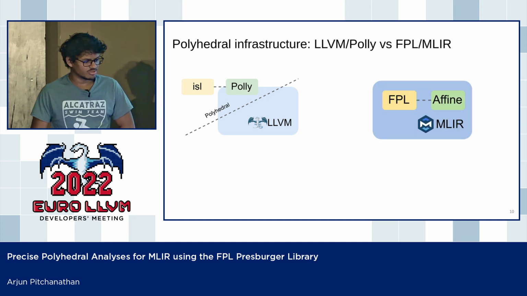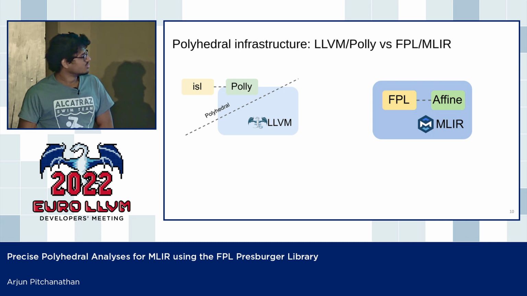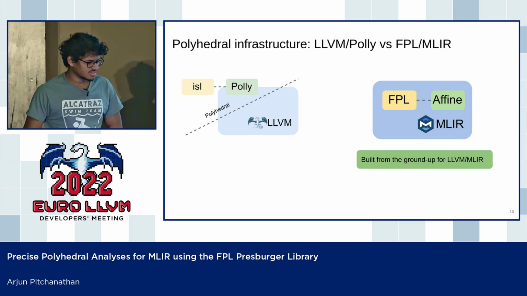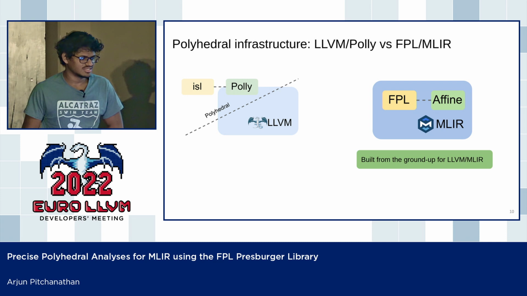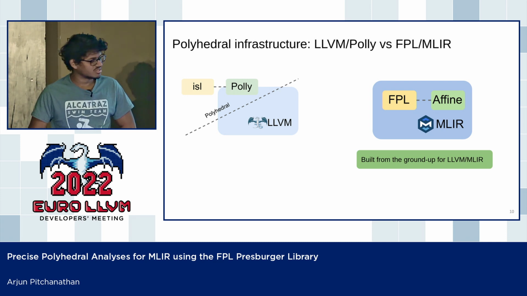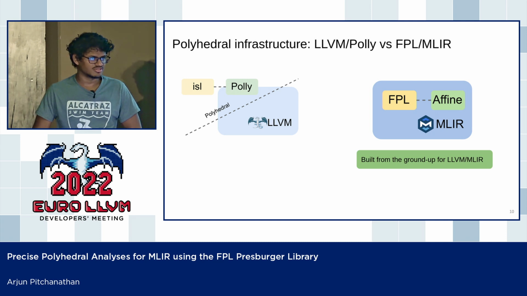In MLIR, what we're hoping to have is that we have FPL actually part of MLIR. It's been developed within MLIR from the beginning. It follows the MLIR coding standards and documentation, tests, etc. And we have members in the MLIR community who actually reviewed these patches and are familiar with it.